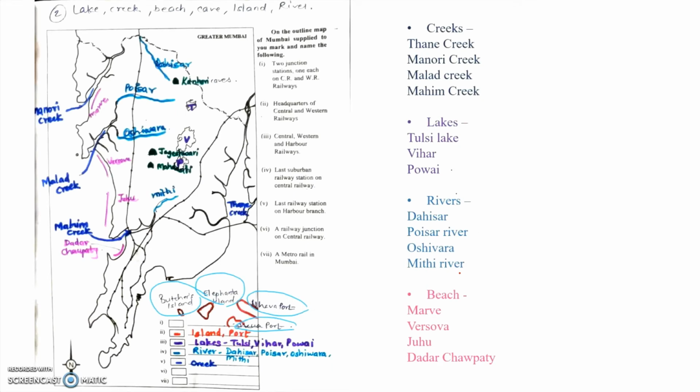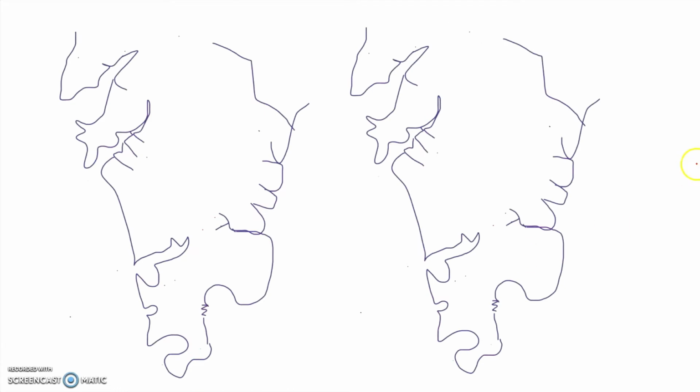After railway stations, the major map is of lakes, creeks, beaches, caves, islands. Now, if you can memorize many things together, you can draw a map like this. Otherwise, what you can do, you can take a blank map. First, you draw creeks, lakes, and rivers in the first map, and in another map, you can draw caves, islands.